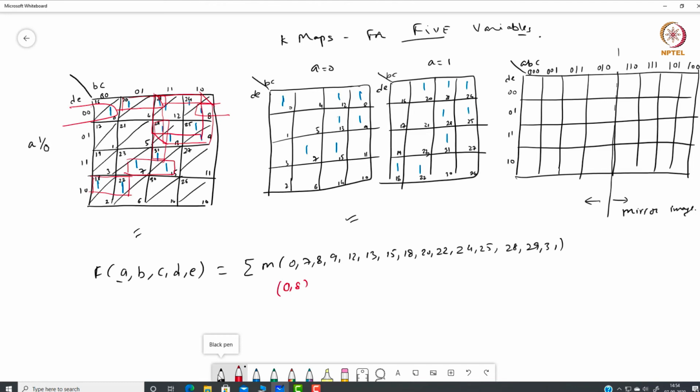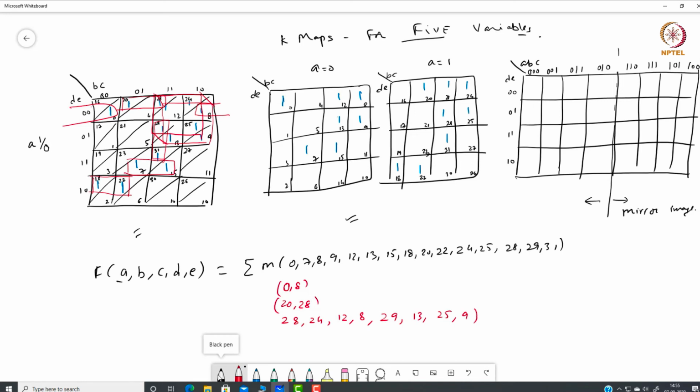I have also seen 20 and 28. From here I will combine and write all of them: 28, 24, 12, 8, then 29, 13, 25 and 9.